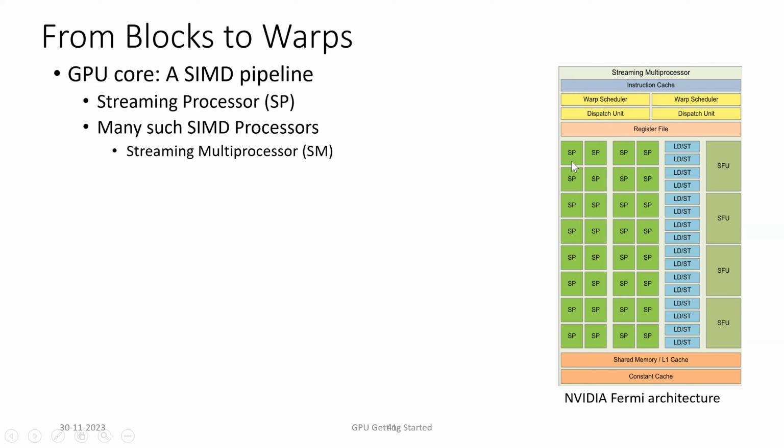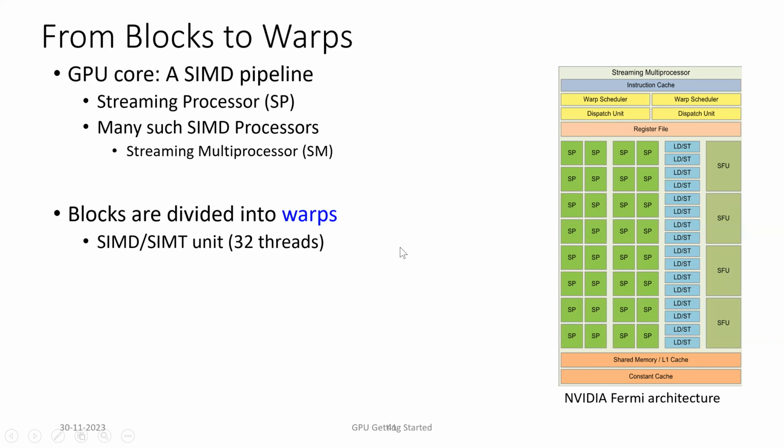Then we have multiple streaming processors like this. And there are some dedicated load store units also, and there can be some specialized functional units, something like multiply and add, or maybe there can be a systolic array itself there, or a TPU within this as part of this SFU.